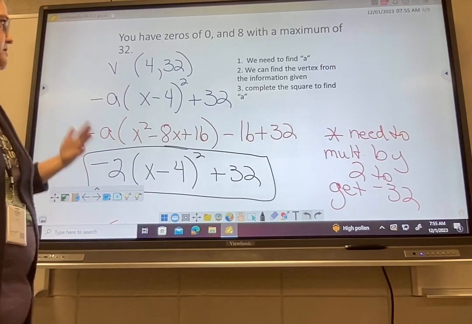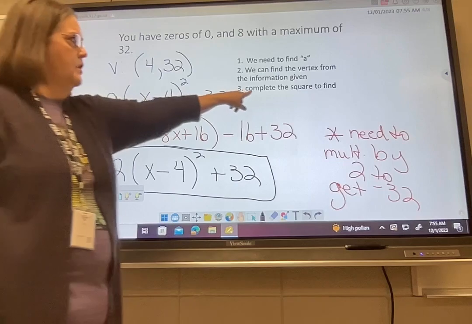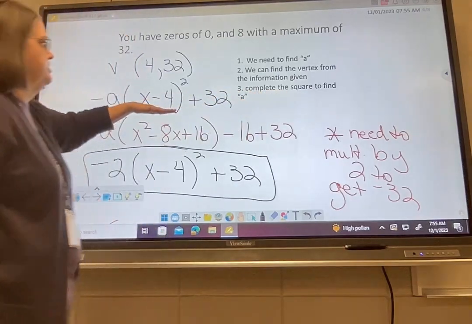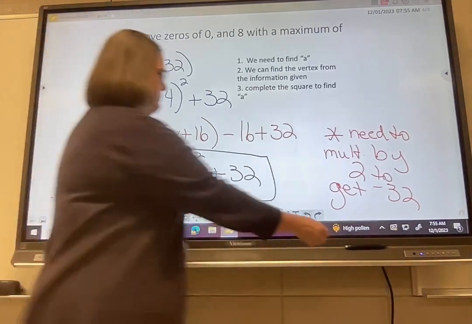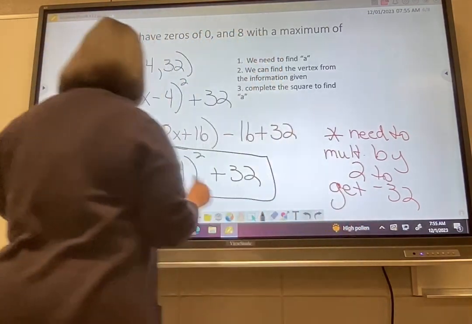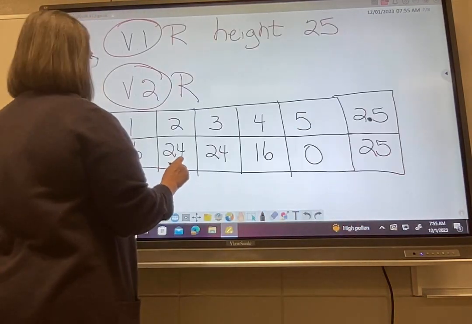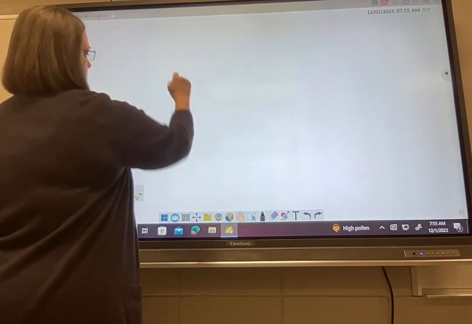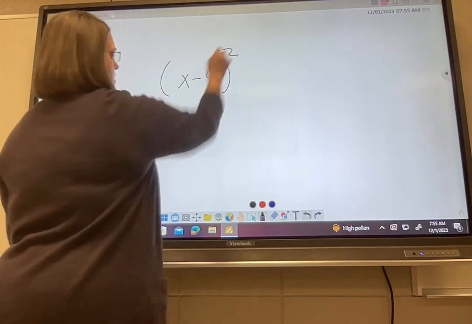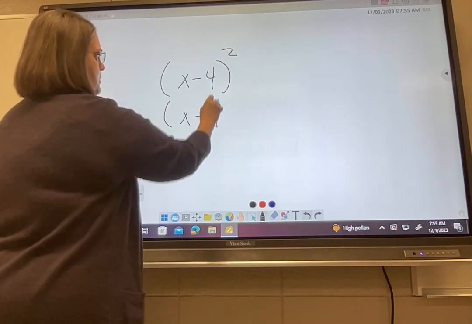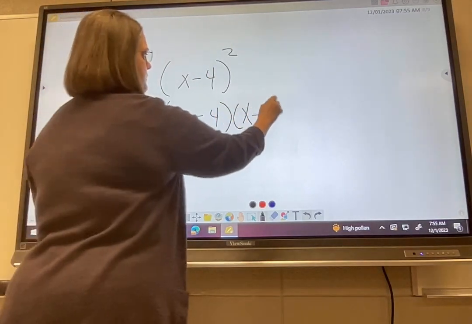So what I'm going to do is complete the square, or actually just multiply this out by foiling it. Let's just add a page real quick. You're going to do x minus 4 squared, which is x minus 4 times x minus 4.